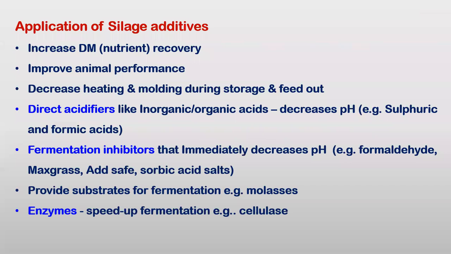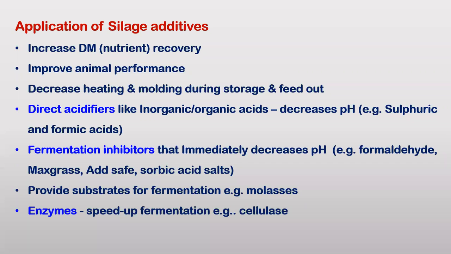Sometimes mold growth also happens in silage. We can use different additives for preparation of silage, like direct acidifiers, inorganic or organic acids which decrease the pH. Some examples are sulfuric acid and formic acid, which we can use as acidifiers in certain conditions.